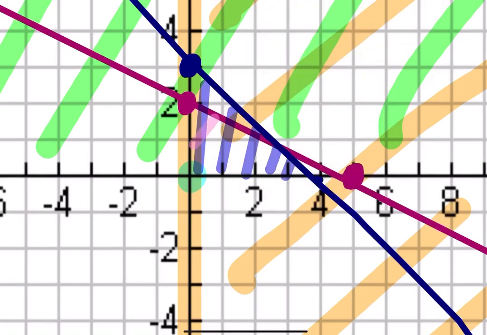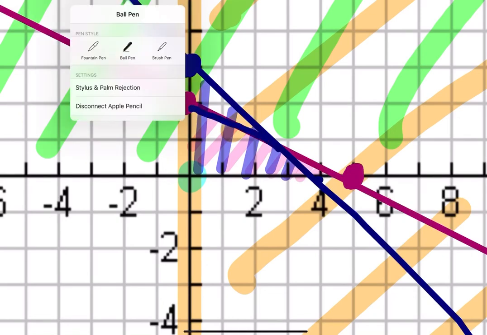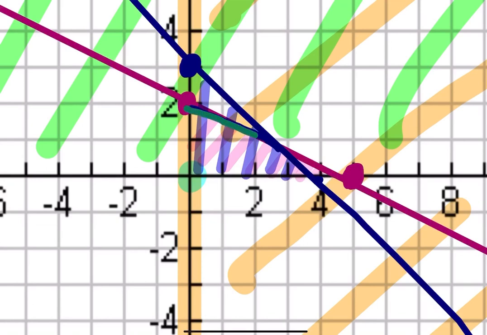So if you take a look, the region for the solution to be satisfied in this case is going to be this particular one. Let me go with the green. This, and this. So the region of solution is going to be this particular one right there.